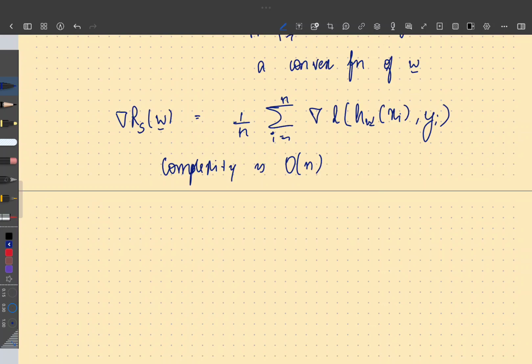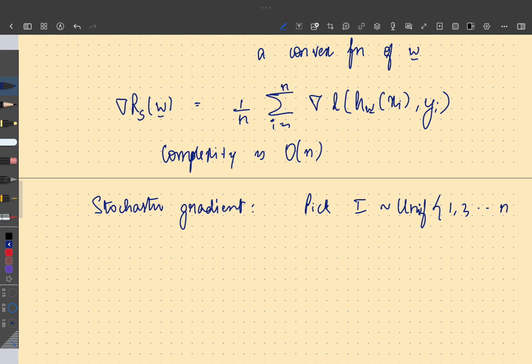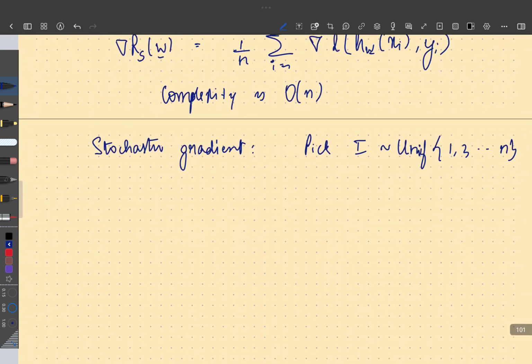And yes, there is. You can just do stochastic gradient descent. So one way of choosing a gradient is to choose g of w. You pick a random variable I, which is uniformly distributed over 1, 2, 3 up to n.